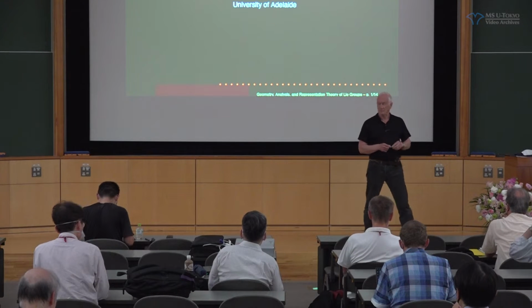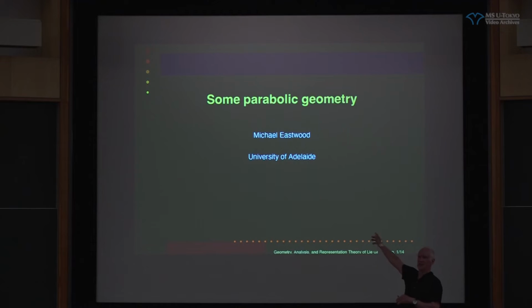Now, if you look at the abstract for this talk, I've kept the title, some parabolic geometry, but the abstract is almost totally incorrect. The thing that is correct is the last sentence, which says, hopefully with some original contribution at the end.